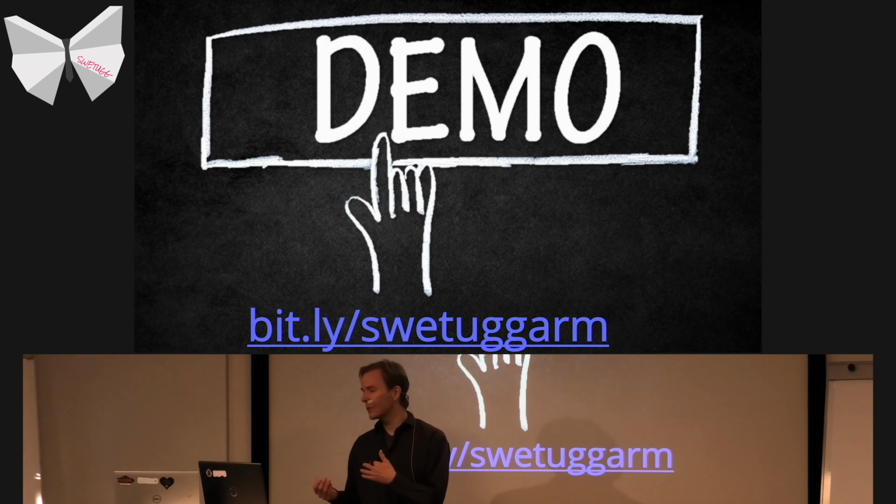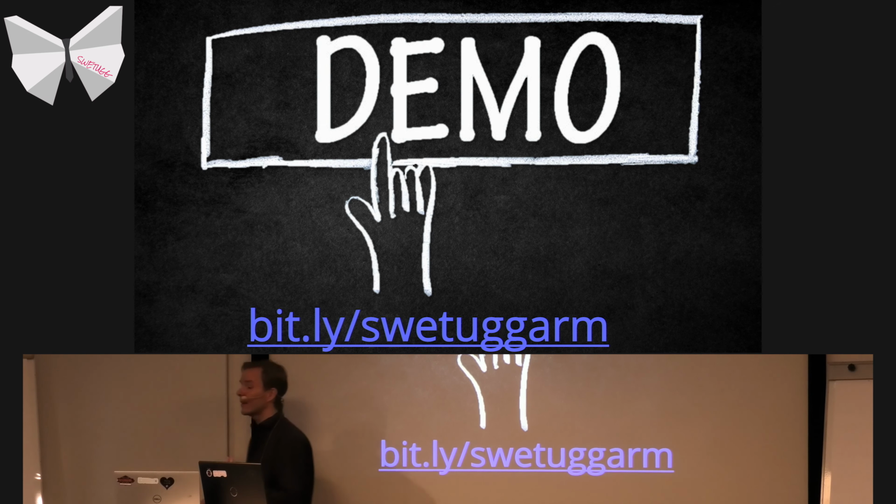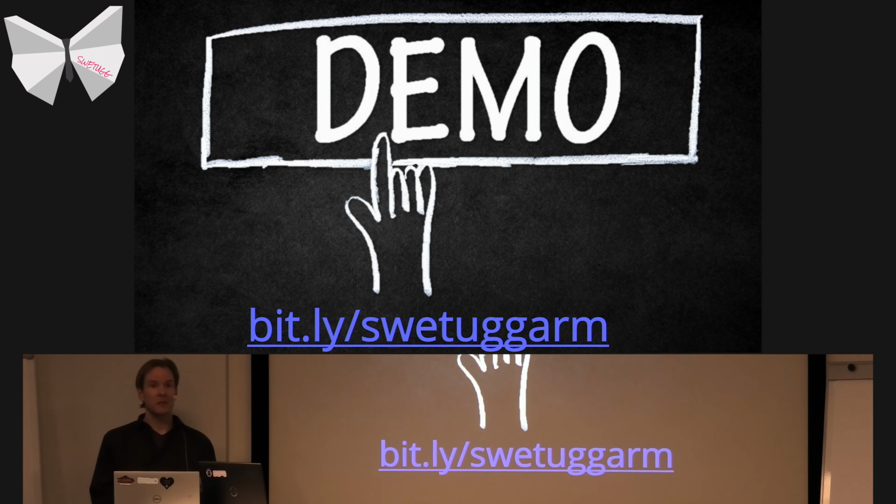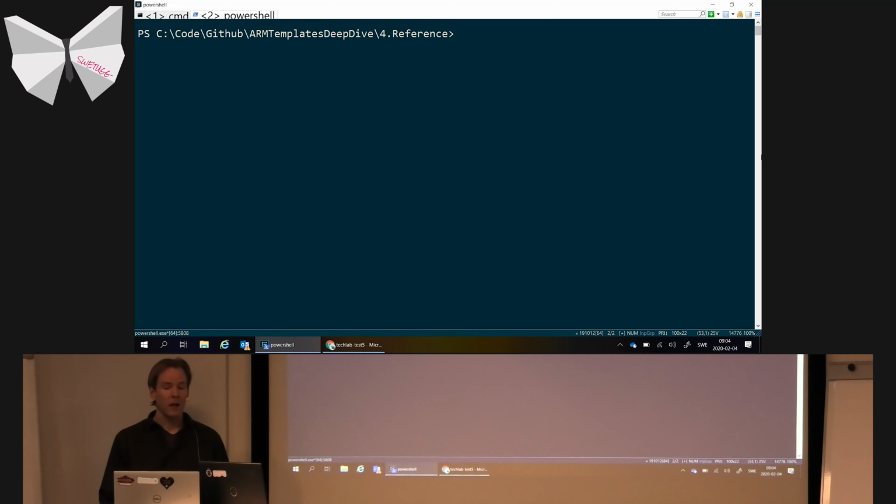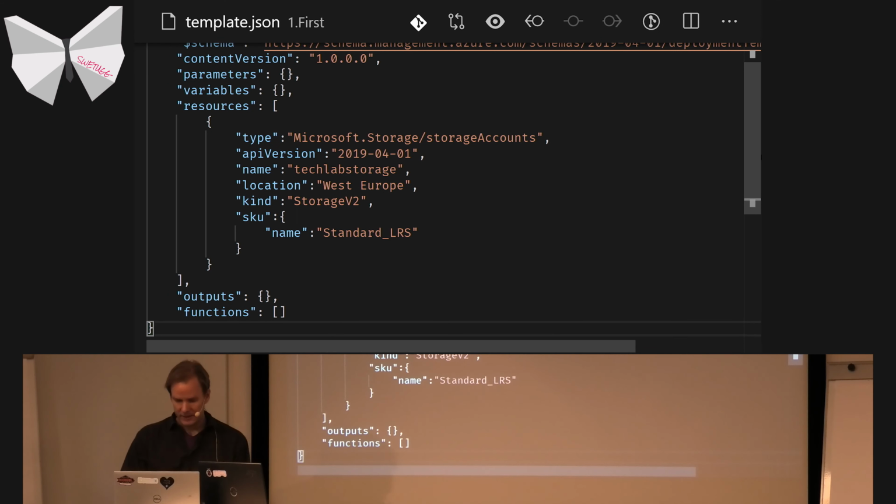So to give you an example of how an ARM template can look, I will create one that creates a storage account where you can store files, queues, and data tables.